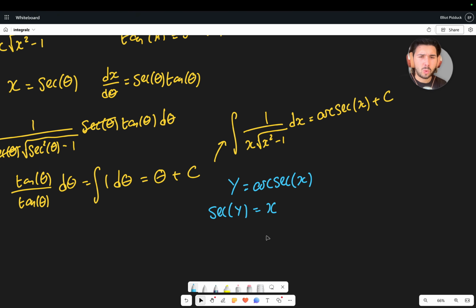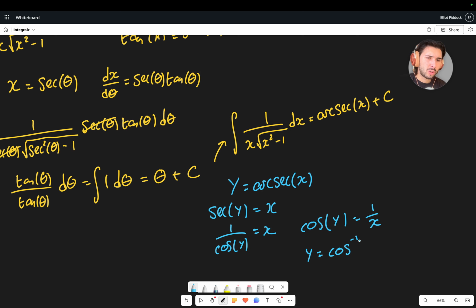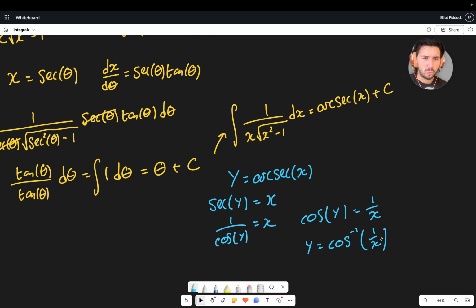And then sec y, remember guys, is the same thing as 1 over cos y. So 1 over cos y is x. Bit of rearranging, we can see then that cos y would have to be 1 over x. And then finally, to get y on its own again, we can take inverse cos.